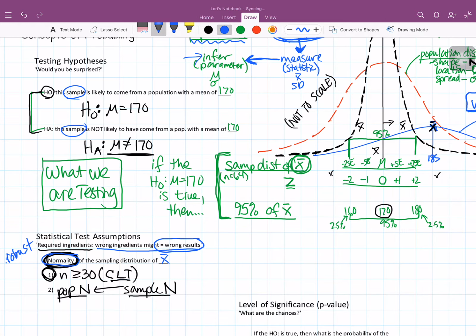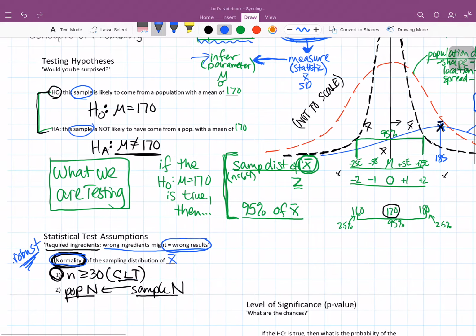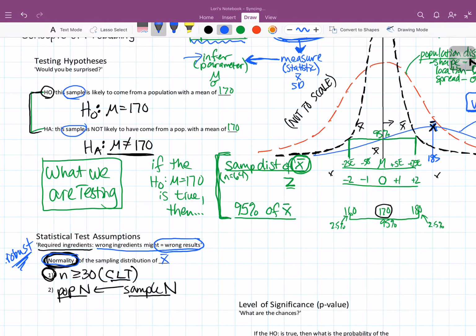Our statistical tests are actually pretty good, even if the assumptions are violated in a not terribly severe way. If, on the other hand, you have severe skew in your sample, this shape right here, then that means you may need to depend on the central limit theorem in order to validate that this assumption is met.